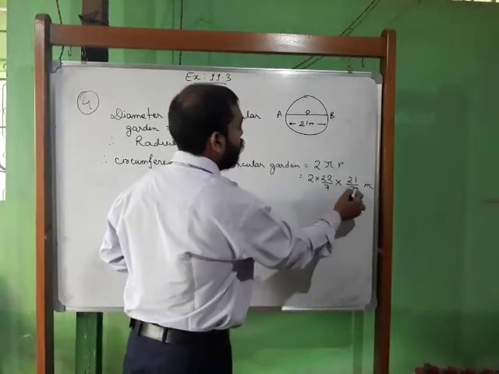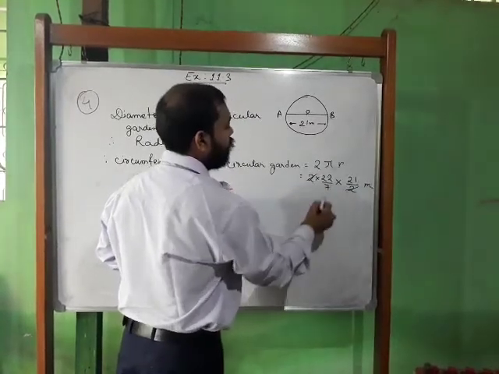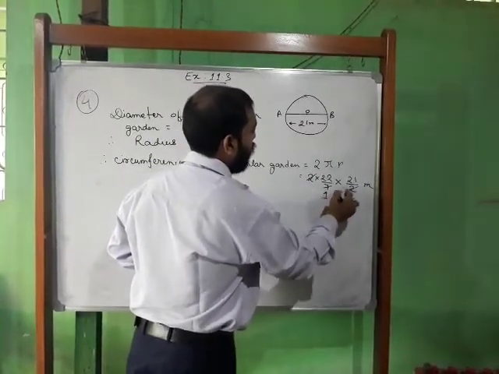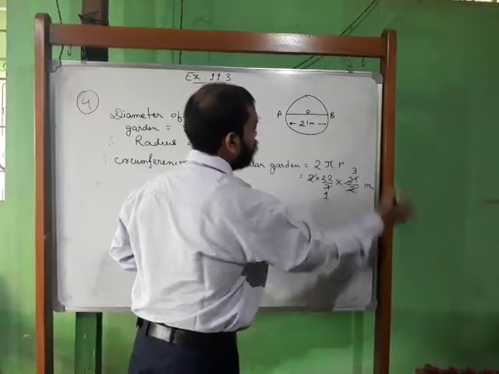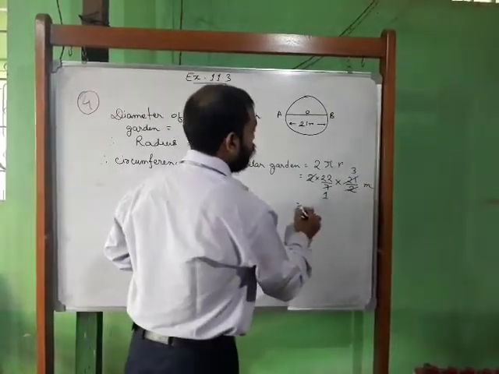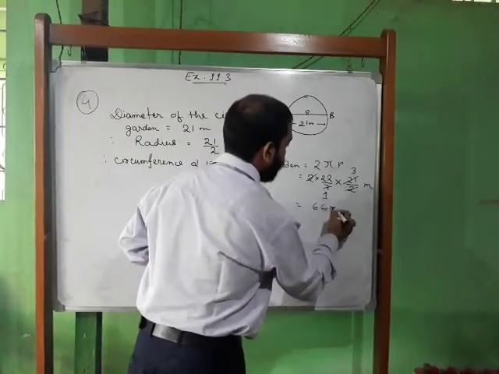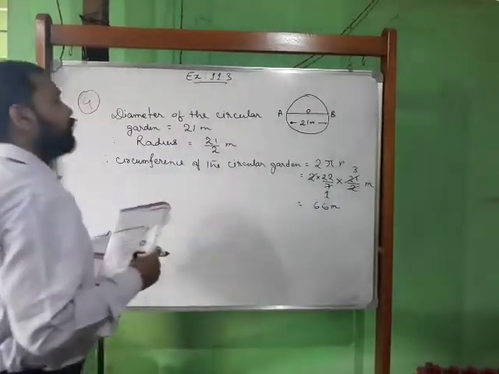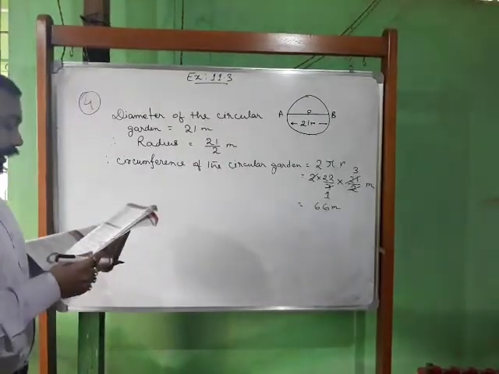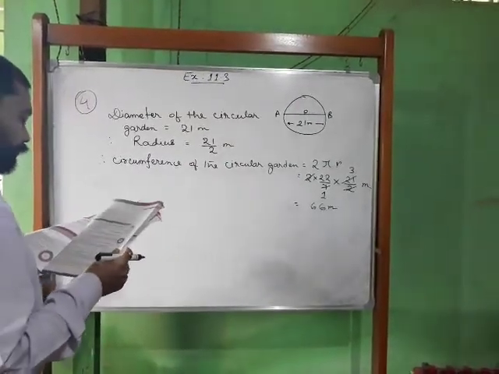Now we can reduce these two and these two, and 7 1 is 7, 7 3 is 21. So now multiply 2 by 3, it is 66 meter. So our circumference of the circular garden is 66 meter.